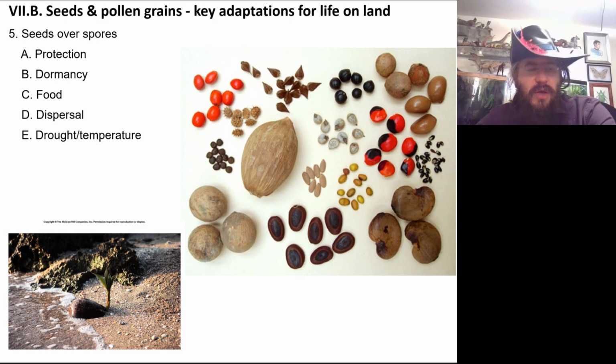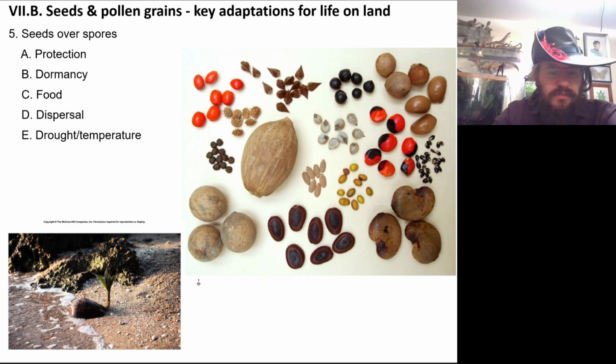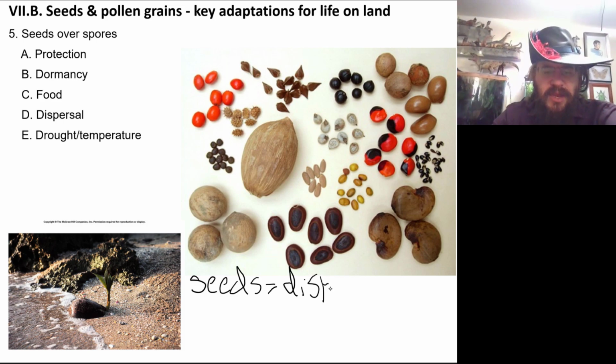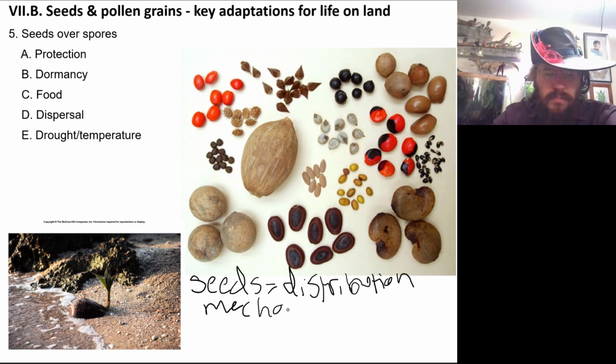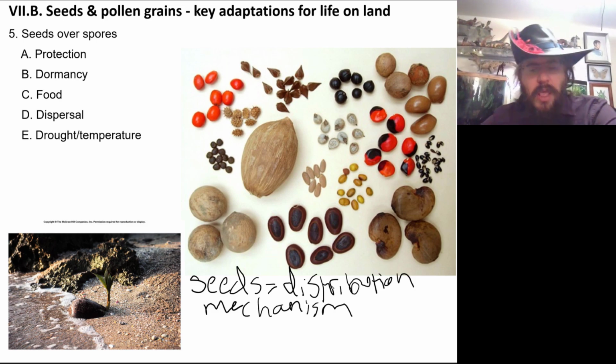Okay. Boop. Okay, let's talk about the advantage of seeds and pollen grains. So basically seeds. These are our new distribution mechanism. Right?